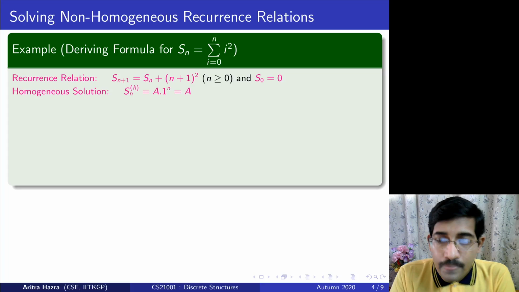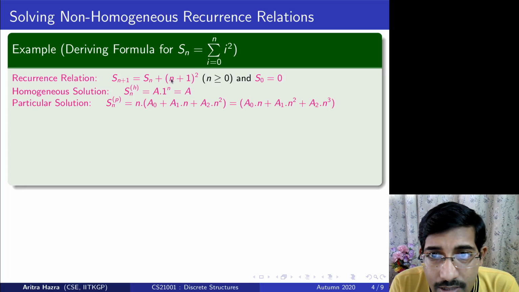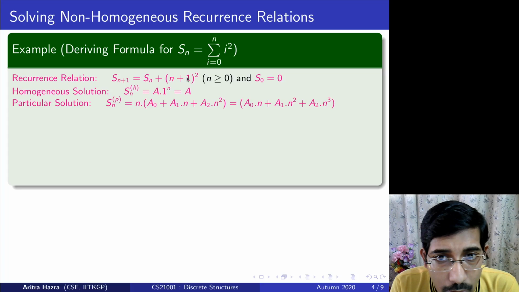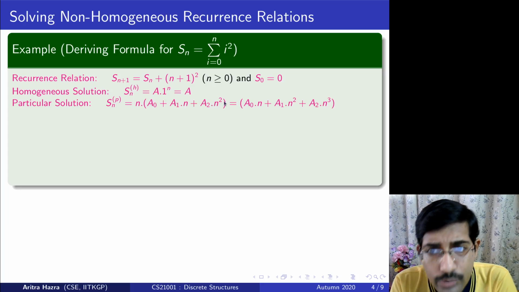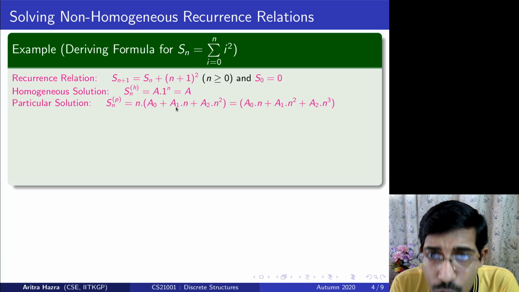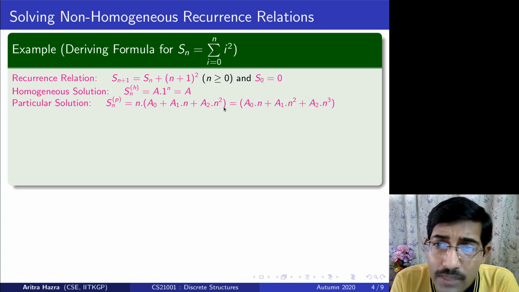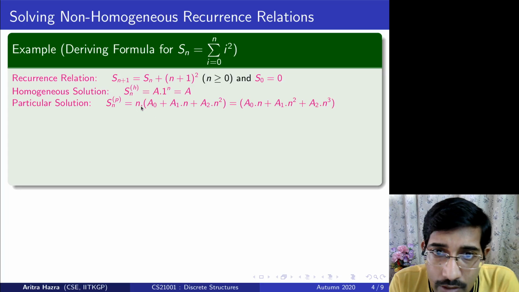So by this, what I mean is that since this is a function of the order of n square, that is the power of 2, I will put all the terms here in the particular solution as a0 plus a1n plus a2n square. If it were at the power of 4, then I will put a0 plus a1n plus a2n square plus a3n cube plus a4n to the power 4, everything. Now why this n?